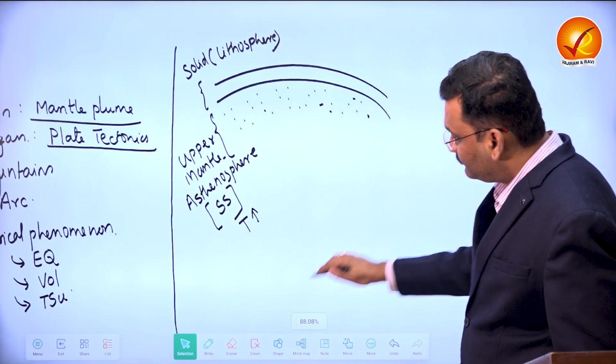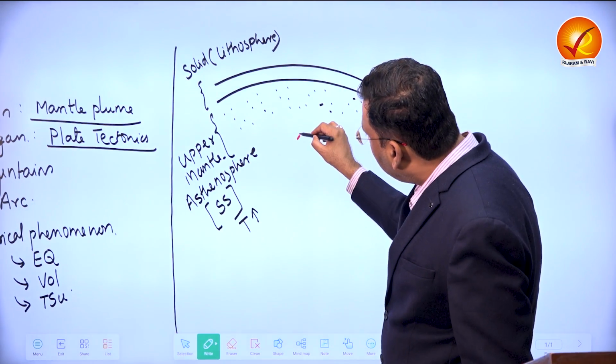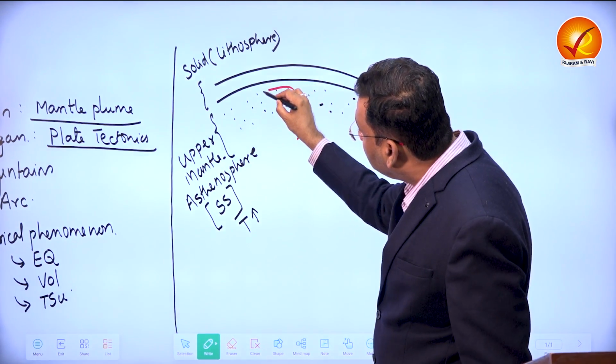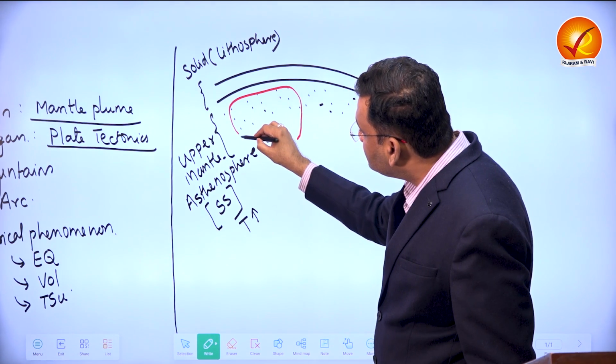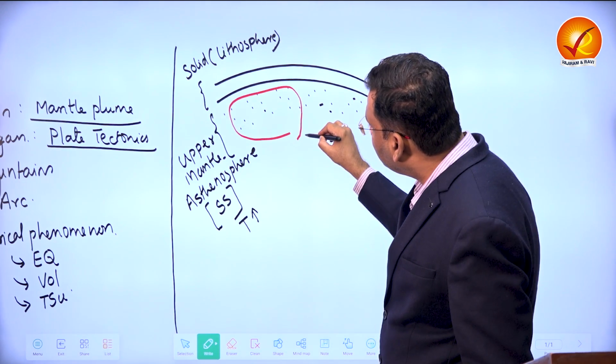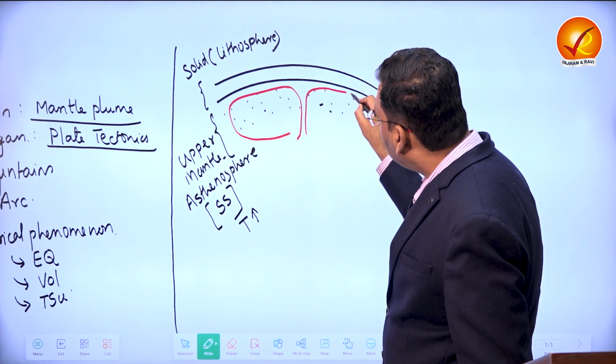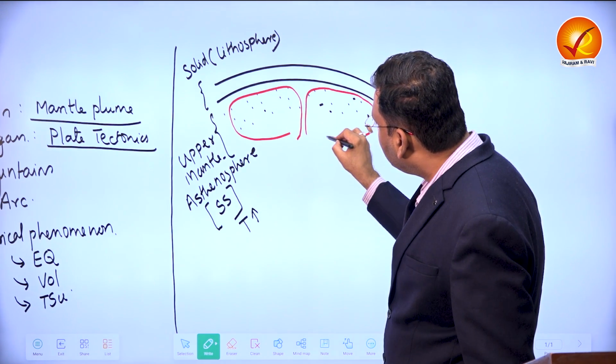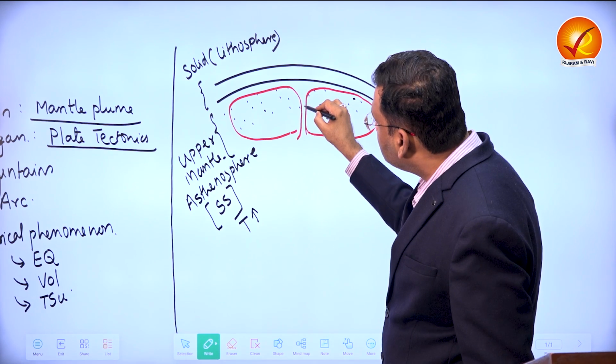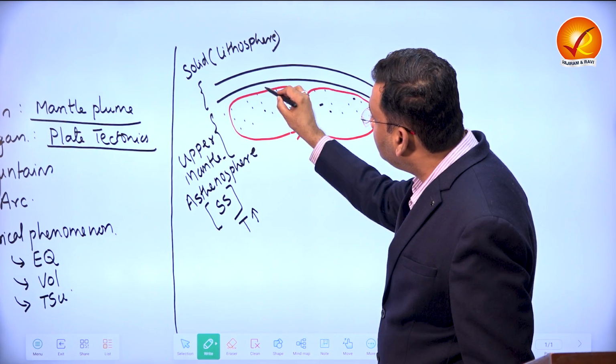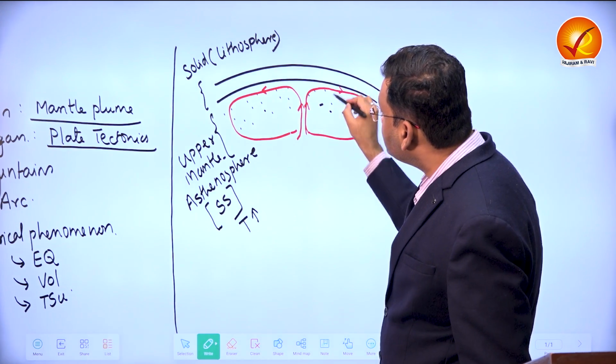the magma, this molten material, starts moving towards the surface and gets circulated like this. This is also another magma rising and then getting circulated. Thus there is establishment of a convective cell.